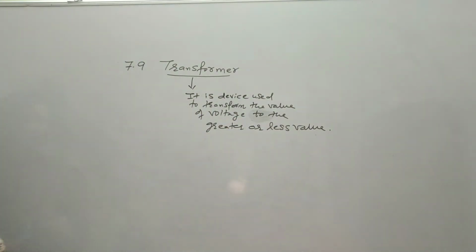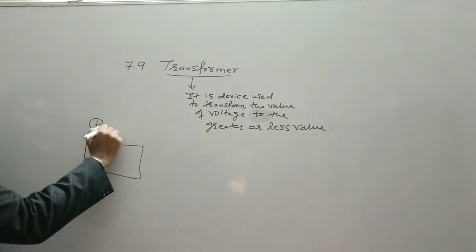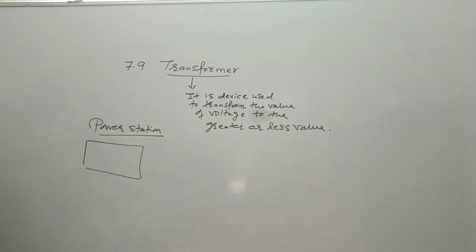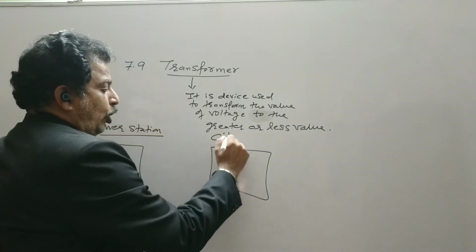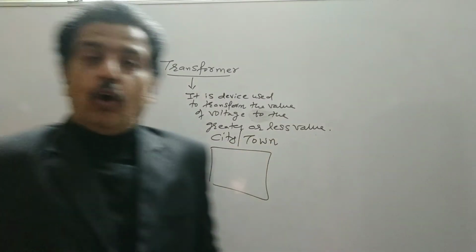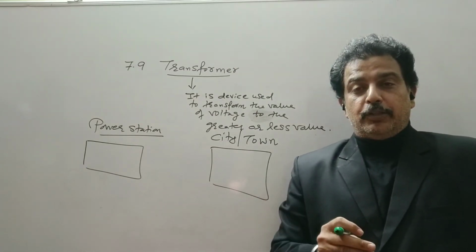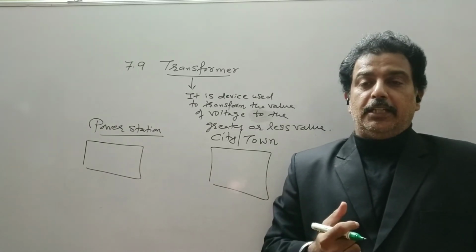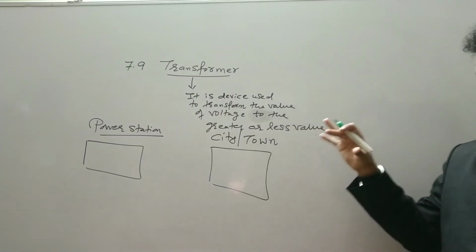Now let us consider an example that this is a power station where the power is being generated, and this is a city or a town. Now every city or town has a requirement of power. So we need electricity in our home, everywhere in the town or city, on the roads, in the home, in the office, everywhere we require some electricity.